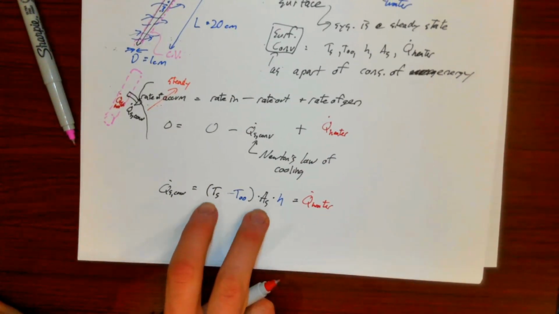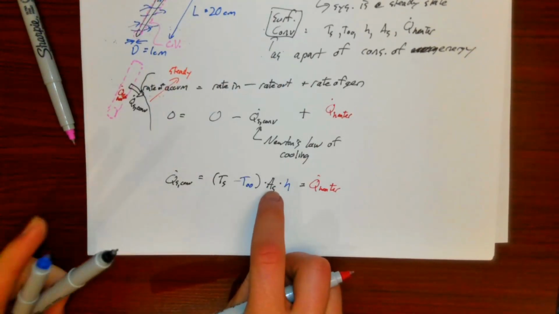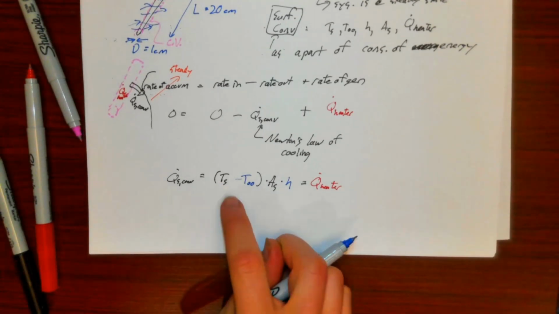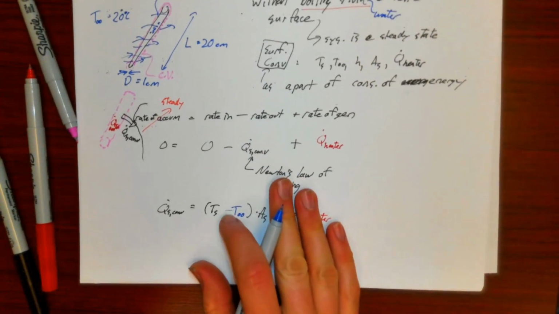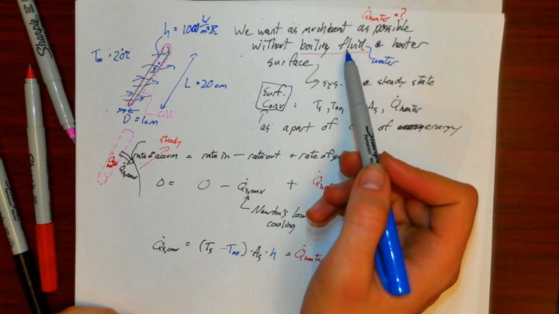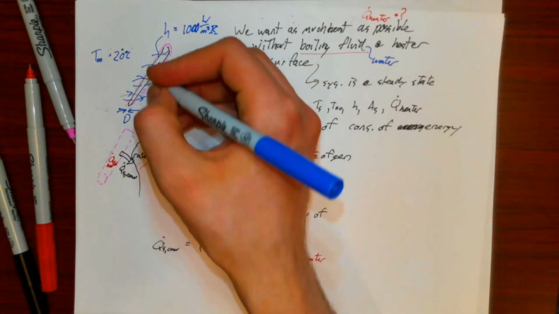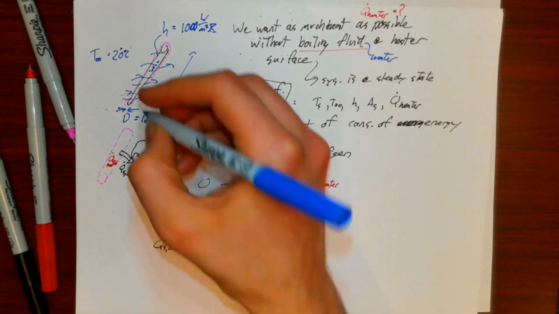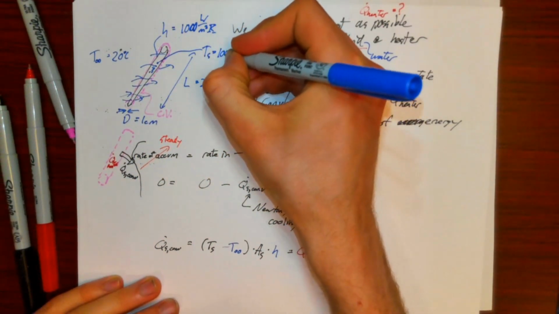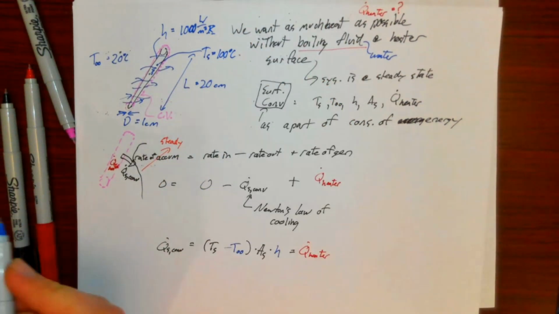All right, so we have two terms which we might be able to work out here, perhaps in terms of these givens. I can work out the surface area, and I can work out Ts. So what's Ts going to be? Well, if I want as much heat as possible without boiling the water immediately adjacent to the heater, I basically want to ramp up Q heater until Ts is equal to 100 degrees C. Because once that surface temperature gets above 100 degrees C, I'm going to start boiling that fluid.